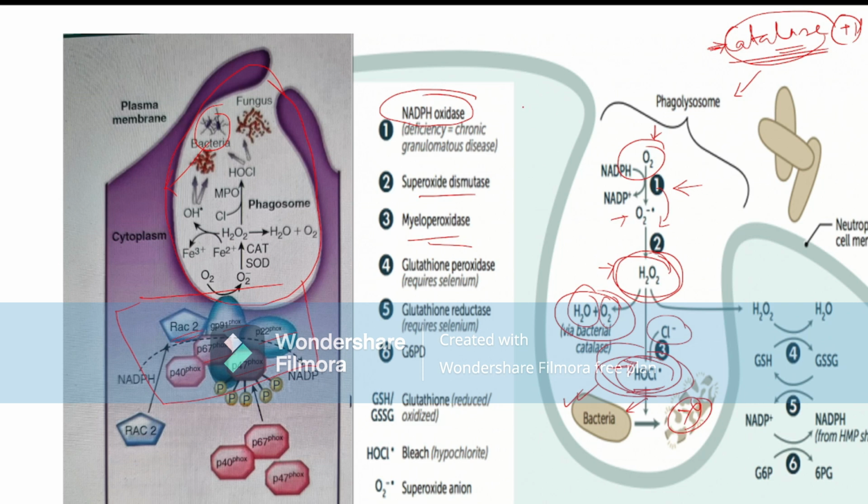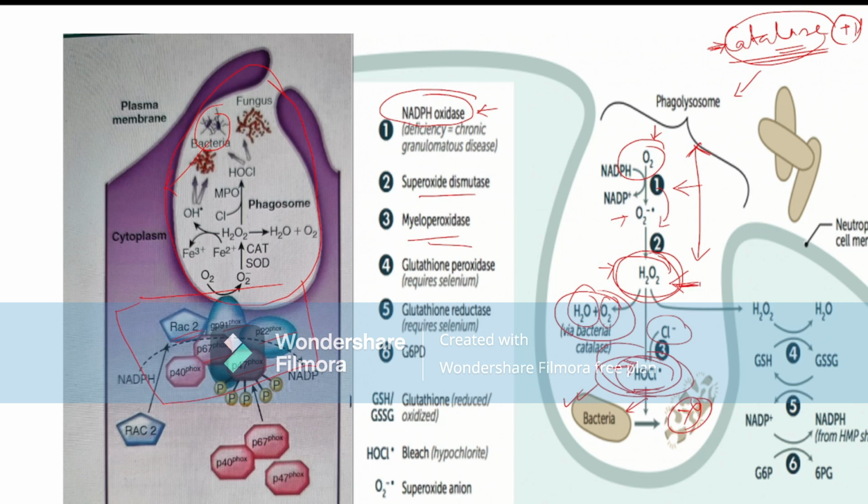As the NADPH oxidase is also defective, this pathway cannot go on, and the neutrophil cannot kill the catalase positive organisms, because the H2O2 that would be produced by the virus or bacteria in the neutrophil is also broken down.